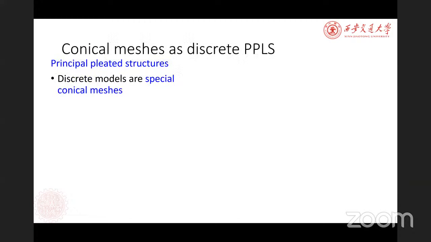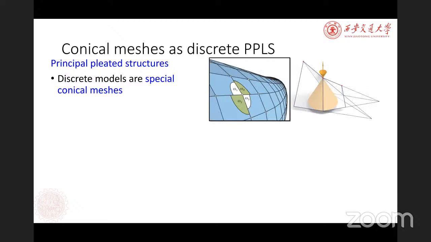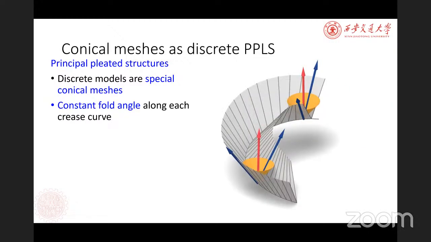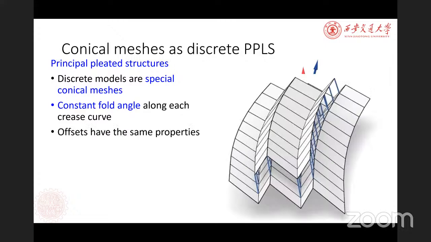And discrete principal pleated structures are special conical meshes. Because of the developability constraint and also the constraint of conical mesh, we get the conclusion that the sum of the opposite angles equals pi. Another property of the discrete principal pleated structure is that they always have constant folding angles, and also its offset is always a discrete pleated structure.